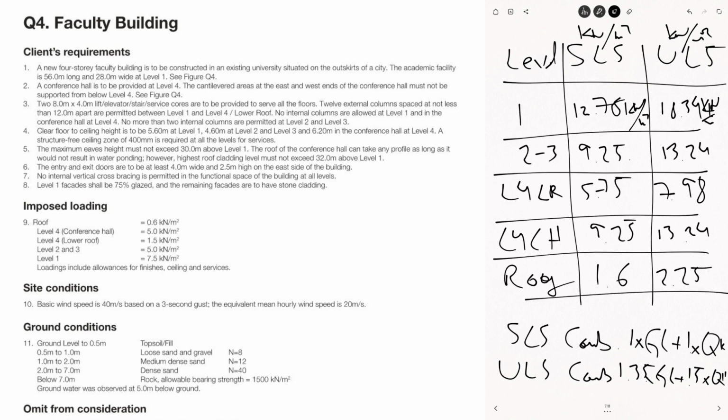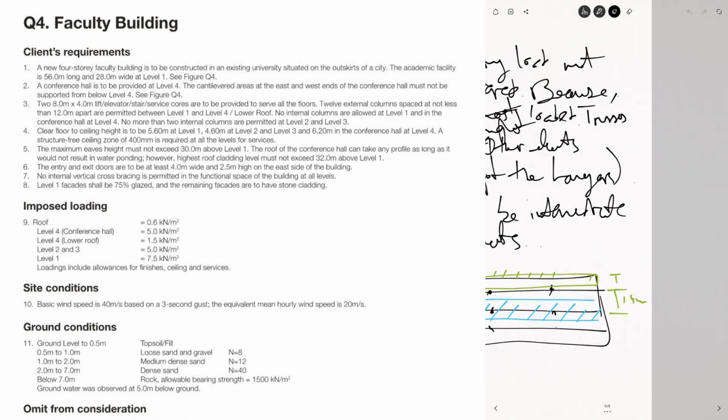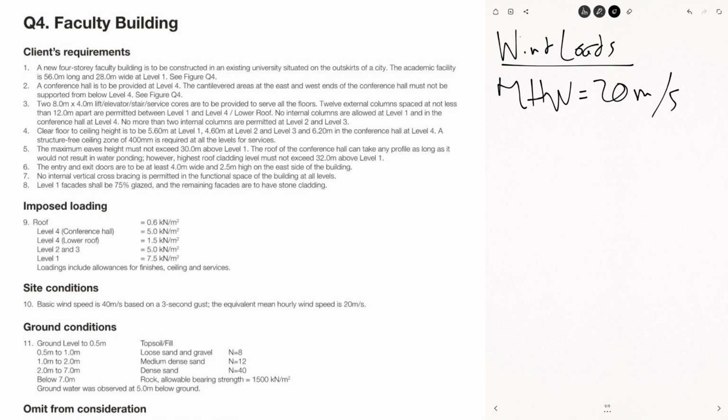Good. So then later I'll explain about wind load. If we go back to the question, it says that the mean hourly wind is 20 meters per second. That's average.